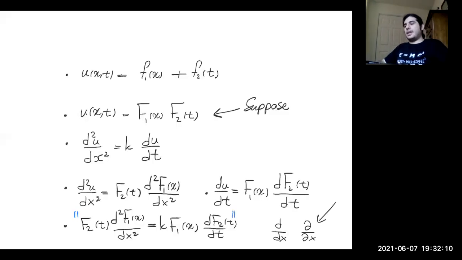That is correct, yes. We should try to separate the variables x and t. That is exactly what we should do here. So I would try to take the x variables to one side and the t variables to the other side. So I would divide everything by f1 and f2.